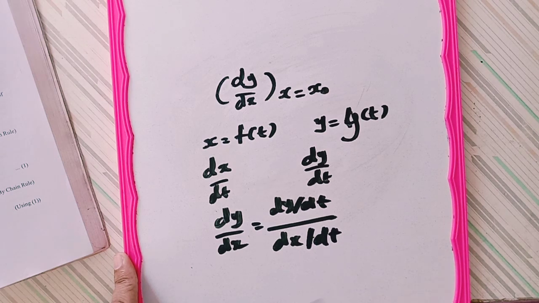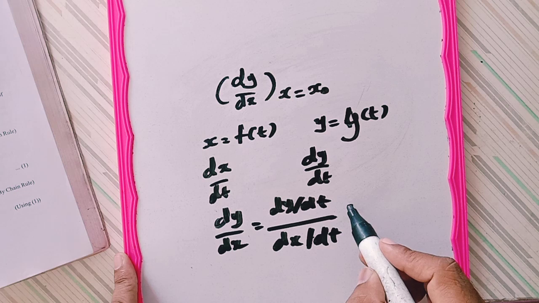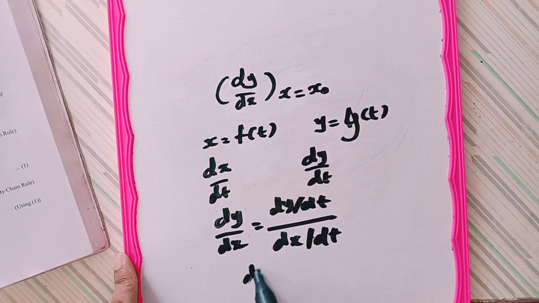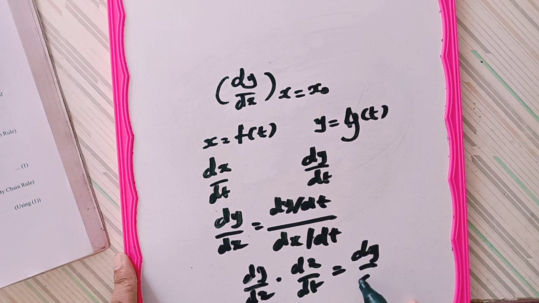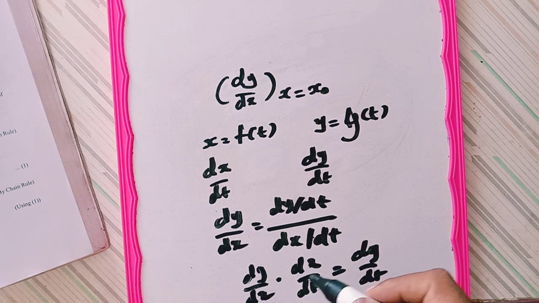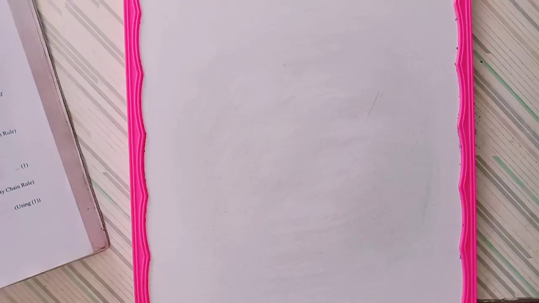And so dy by dx into dx by dt equals dy by dt. So if we want y with respect to t, we can take dy by dx into dx by dt. Let's see some examples.